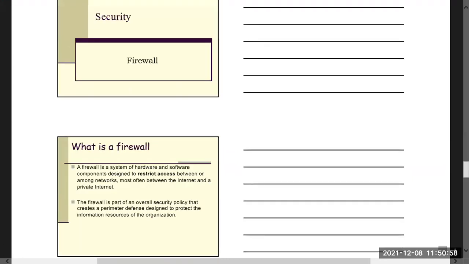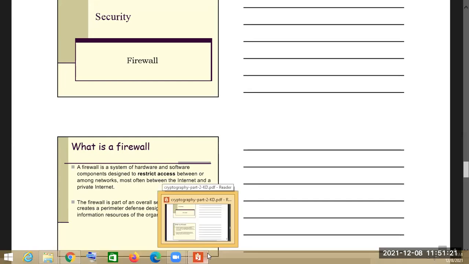Starting with the concept of the firewall, we will learn what a firewall is. A firewall is a system of hardware and software components that is designed to restrict access between networks.